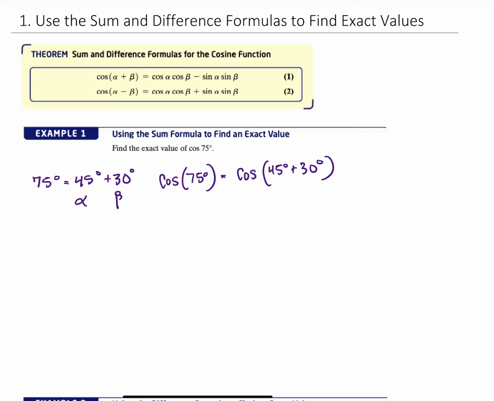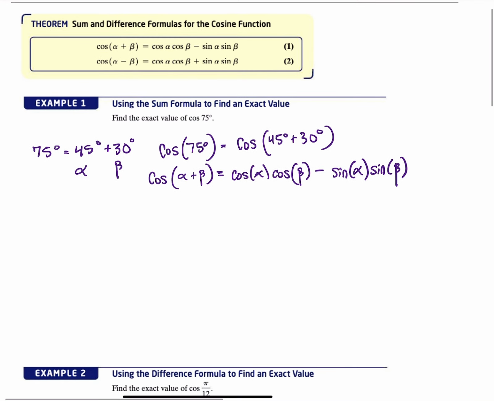So let's use that first formula, and I'll write it out here just to reference. Cosine of the addition of two angles, alpha plus beta, is cosine alpha cosine beta minus sine alpha sine beta. So let's express this in terms of our two angles.